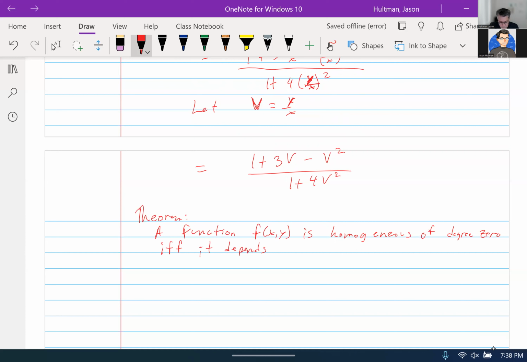This iff is just shorthand for if and only if. So if I can turn it into y over x as a single variable, then it is homogeneous.